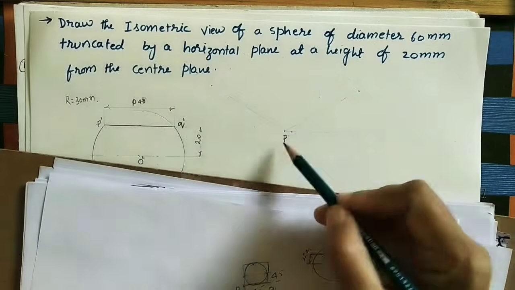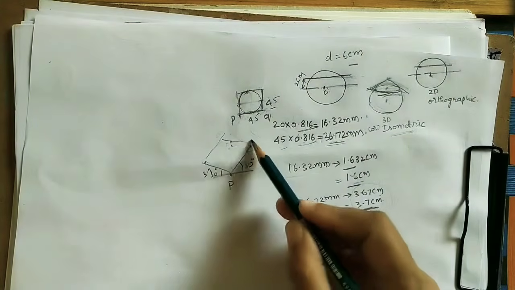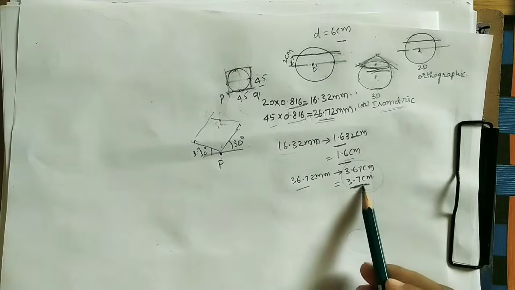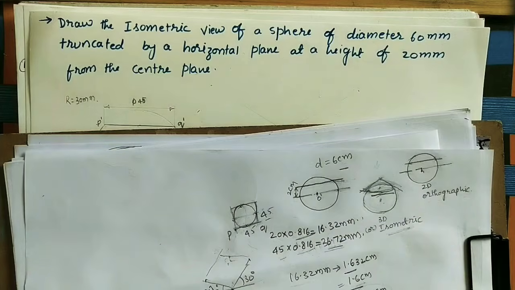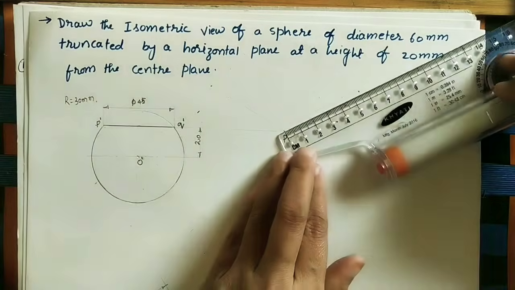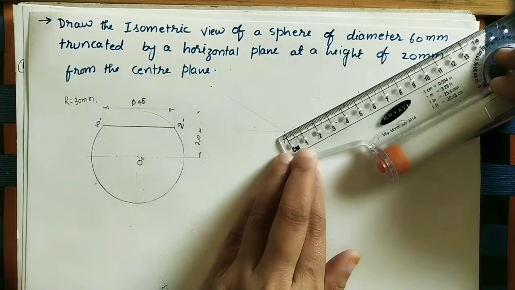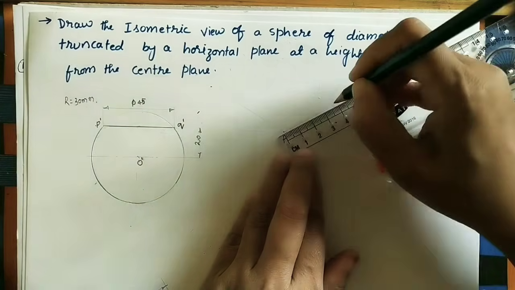After getting these two lines, how much do we have to mark here? 3.7 centimeters. By using a scale we can mark 3.7 centimeters, or by using a compass also we can do.